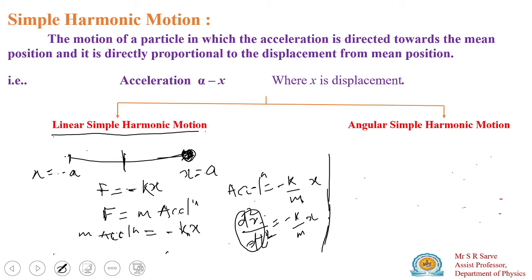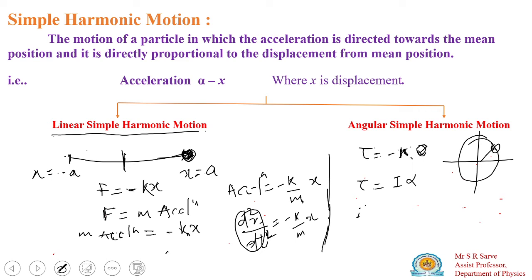And what is angular simple harmonic motion? If a particle is performing angular motion, then the restoring effect is given by torque. Torque is equal to minus k into theta, where k is the restoring constant and theta is the angular displacement. Torque is also given by moment of inertia into angular acceleration, where alpha is the angular acceleration.